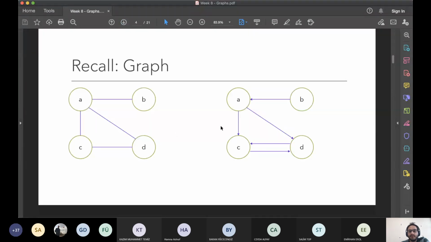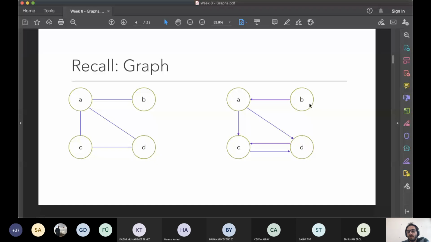Okay, guys, here is an example graph with vertices A, B, C, and D. This is undirected, which means that we can go from A to B, C, and D, right? And it's also vice versa. We can use the same path in reverse order, so we can go to A from C. Here is the directed graph.